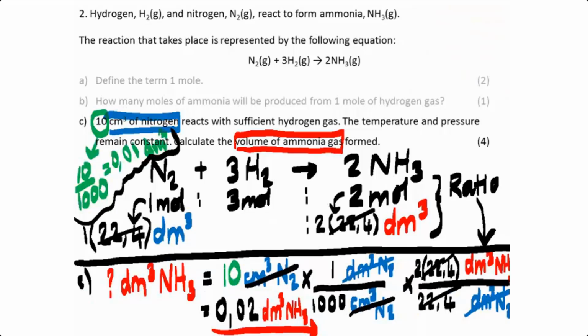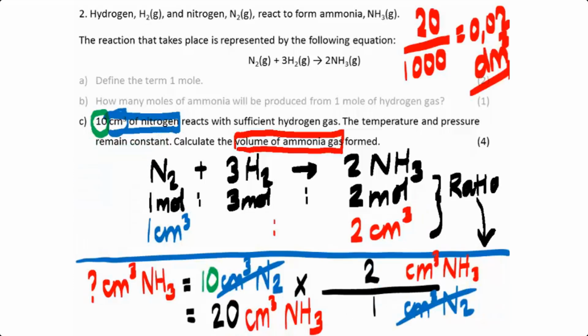So we found the same answer whether we did it that long complicated way, taking 22,4 decimeter cubed for each mole, as when we did it this much simpler way, when we didn't care about the 22,4 decimeter cubed, because in any case it's not at STP. We simply used the reaction ratio, the volume reaction ratio of 1 centimeter cubed is to 2 centimeter cubed.